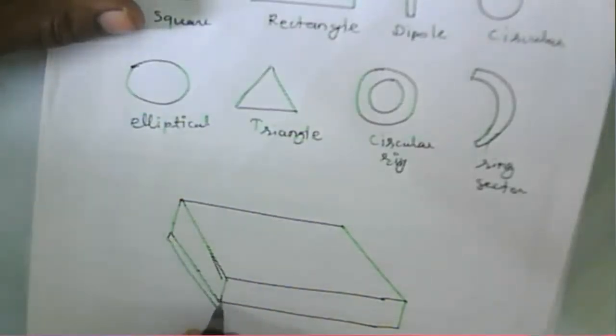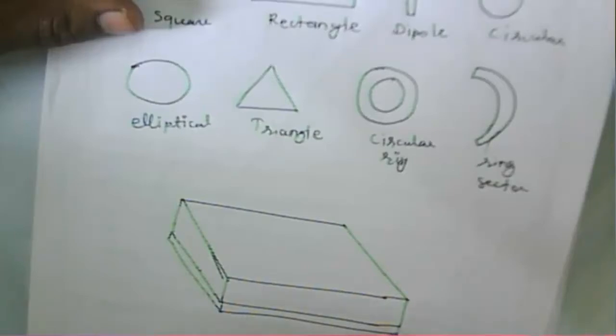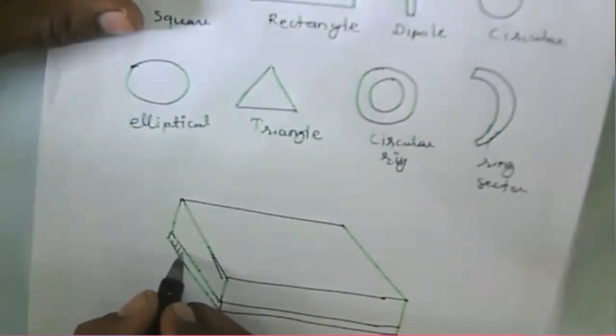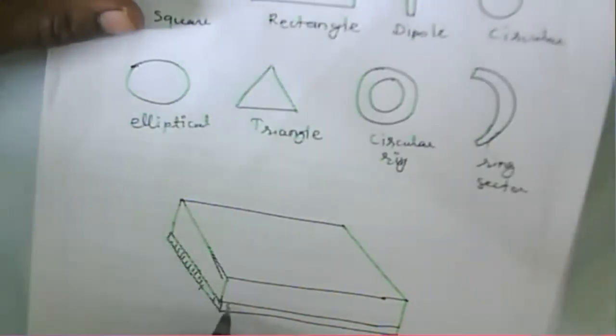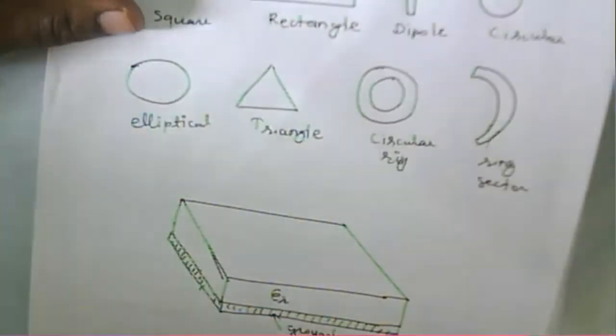In a two-sided PCB, this one is the ground. It is a conducting layer below, nothing but a ground plate. In between there is a dielectric material.